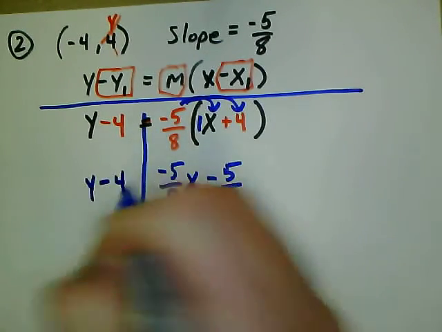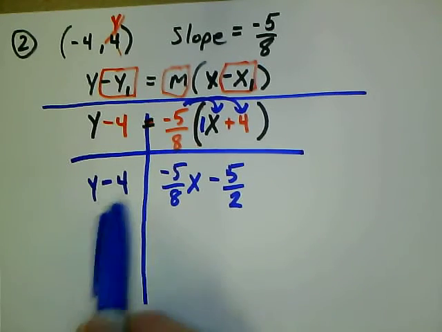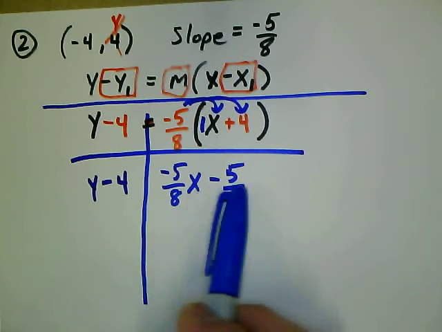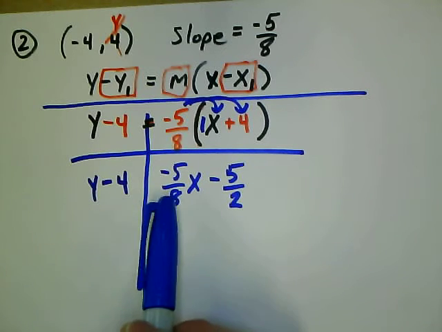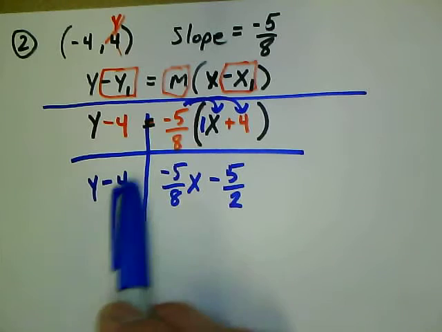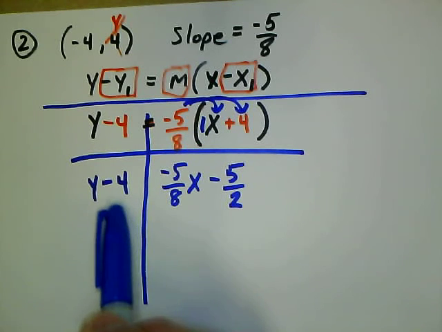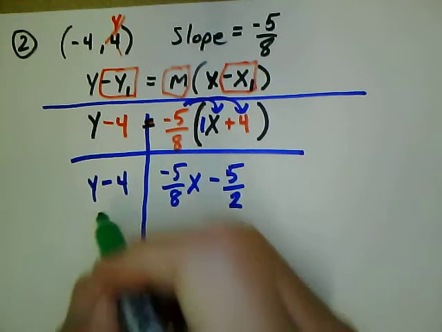I bring everything else down because I didn't touch that. Now, same thing. I can't combine like terms, no extra variable. It's the add-subtract part. I distribute, and then I get rid of that number that's next to the y. So since this is -4, I'm going to add 4.